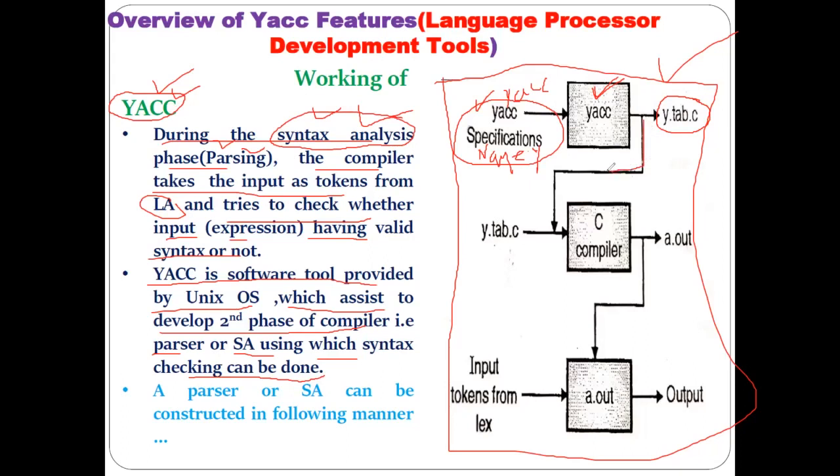The C program which you have generated, you have to compile using the C compiler again. Okay. And then the C compiler will generate one executable file that is nothing but your syntax analyzer, or your parser. Okay.